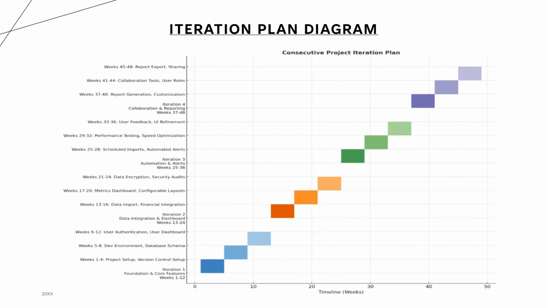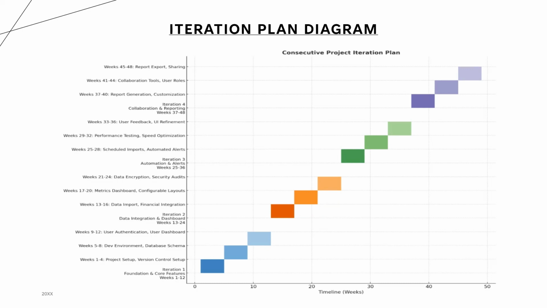Well, guys, I'm going to explain the iteration plan for our application. The first iteration will work on foundation and core features. In the first month of development, we will work on project setup and version control setup.